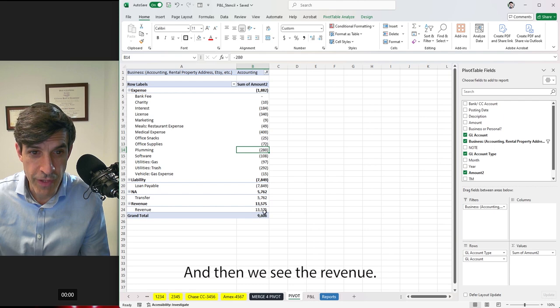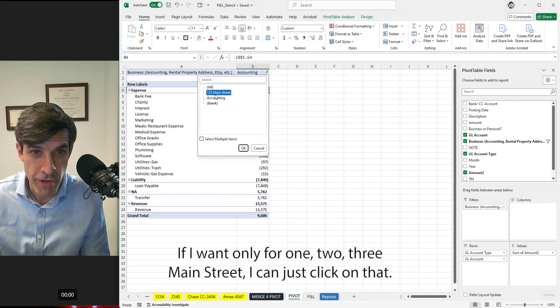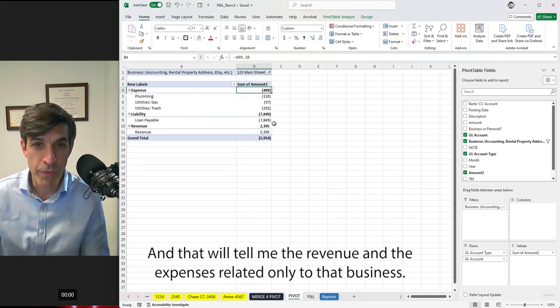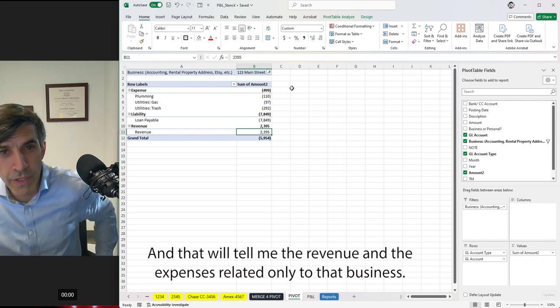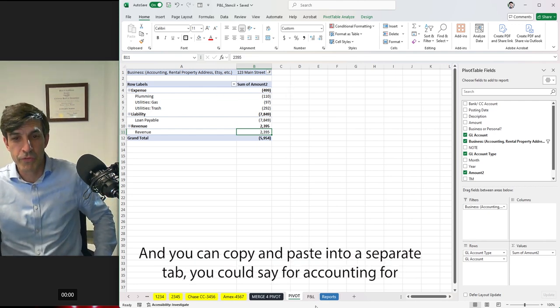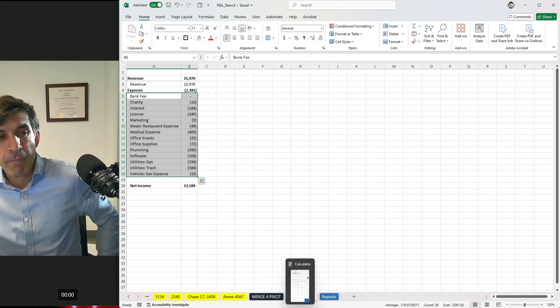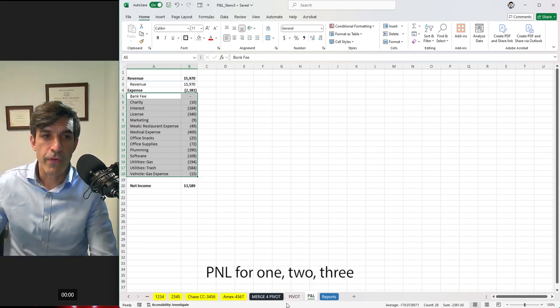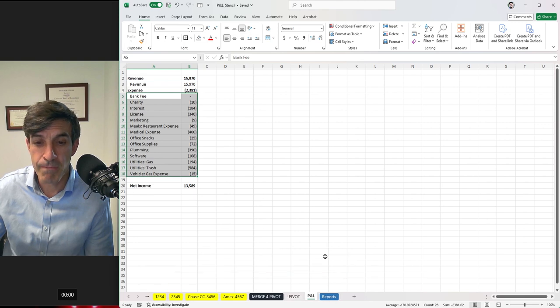And then we see the revenue and the expenses only related to the accounting, and vice versa. If I want only for 123 Main Street, I can just click on that, and that will tell me the revenue and the expenses related only to that business. And you can copy and paste into a separate tab. You can say P&L for accounting, P&L for 123 Main Street, or whatever property, or whatever number of businesses.